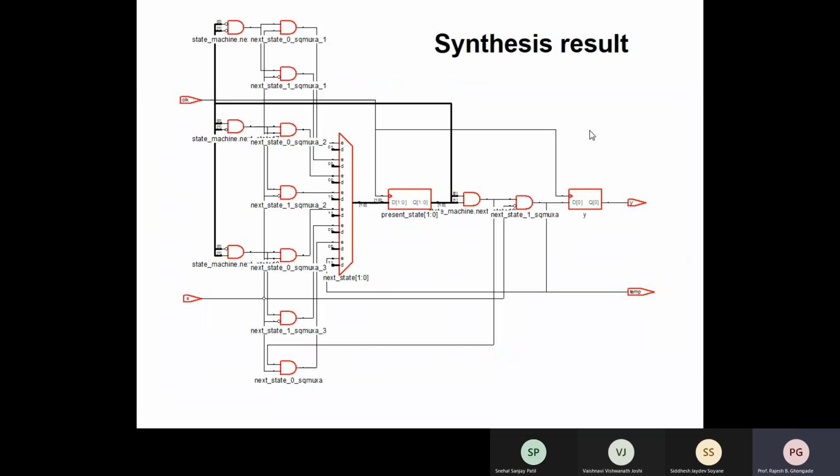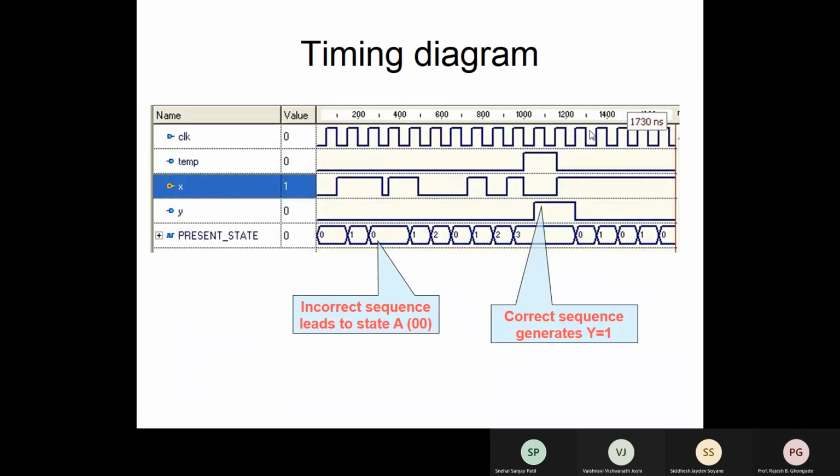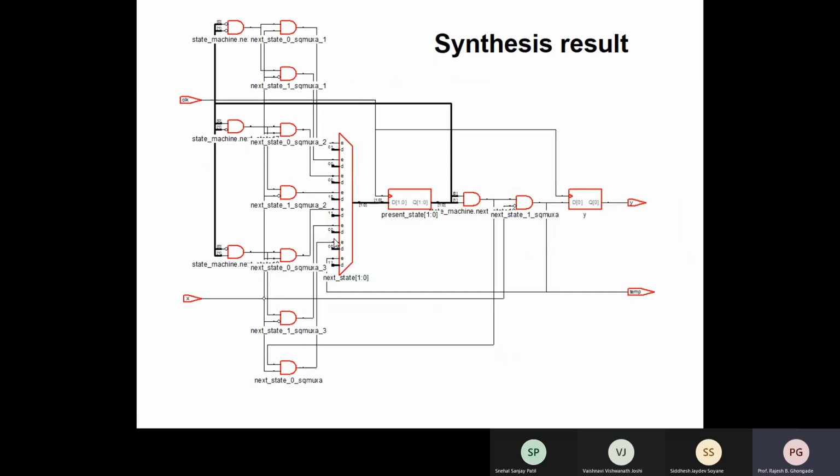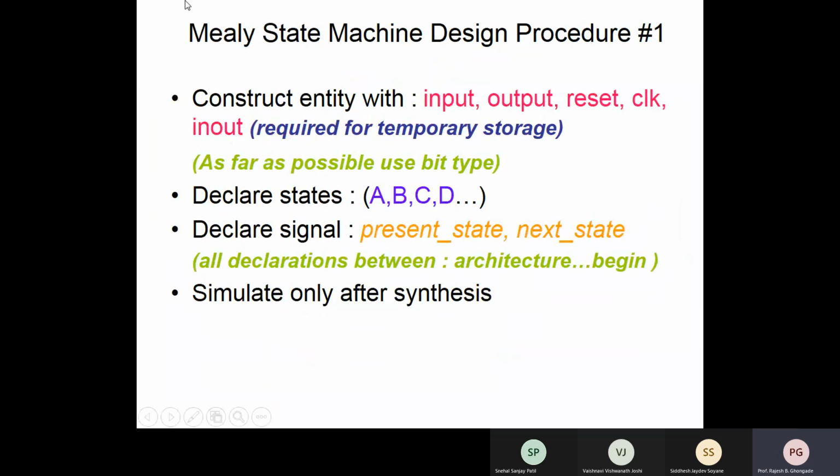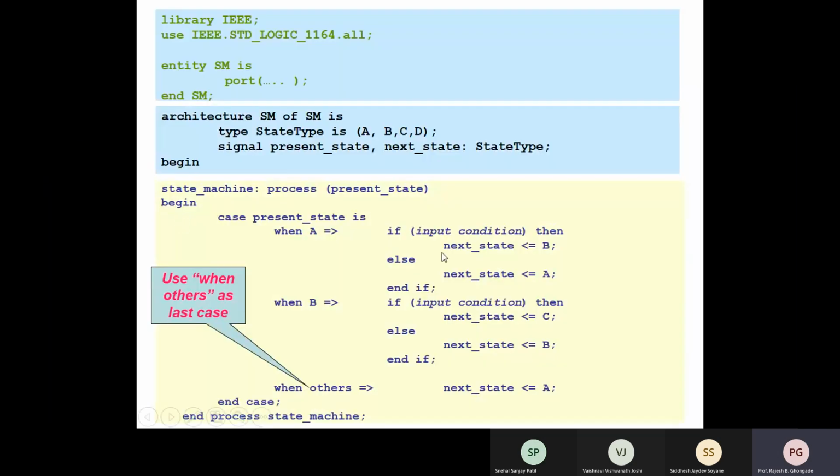Like what we have seen here. States as 0, 1, 2 and 3. These 4 states will not be visible to you directly. Of course that is what I have found out, that it is easier, it will be visible only after synthesis, not before that. All right. So this is procedure number 1. This is the template.